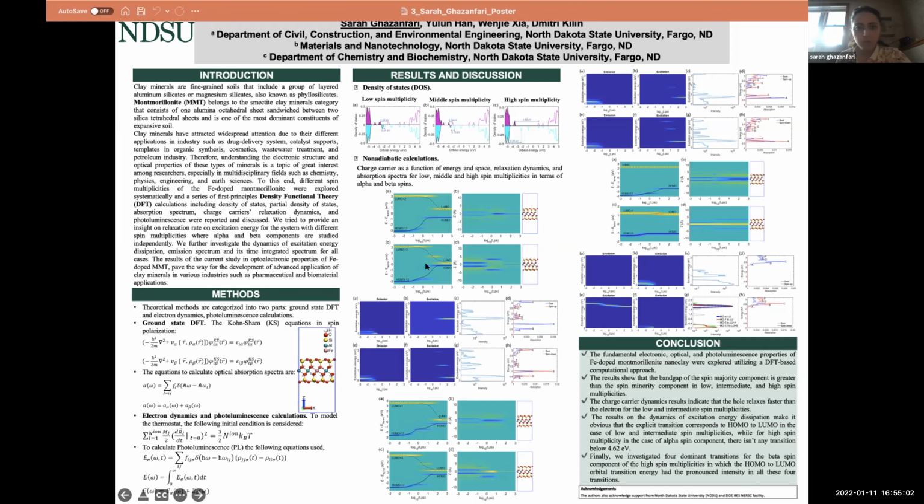For the results and discussion part, because I didn't have enough space, I deleted the partial density of states and just kept the density of states plot. And here I have a question about the figures: does everything look good, or should I delete some of them, or keep all of them, or add some explanation about them?